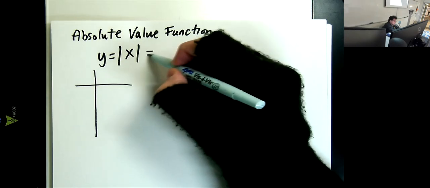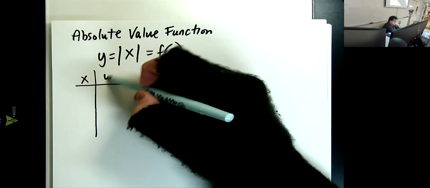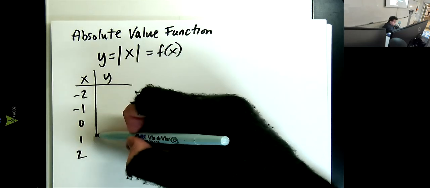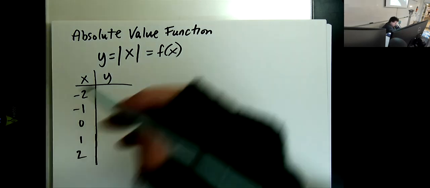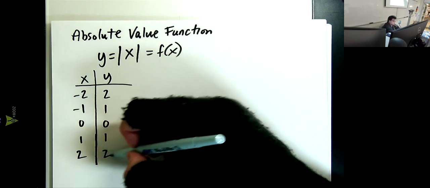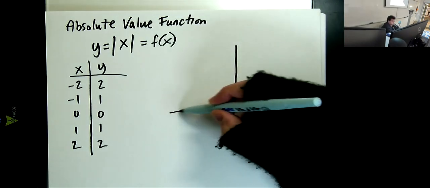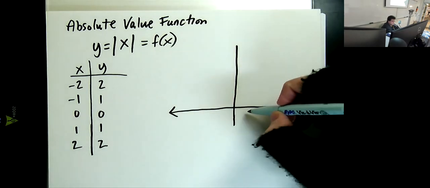This is actually a function too. It will pass the vertical line test. And no matter what I stick in, I get the positive version of it. Which means I have no negative values for y.